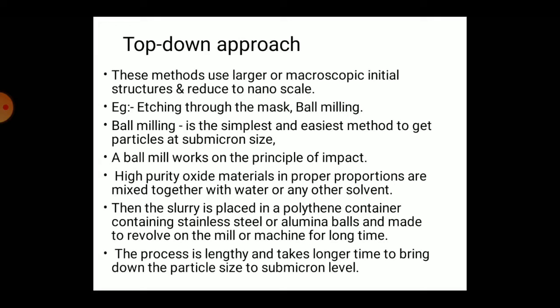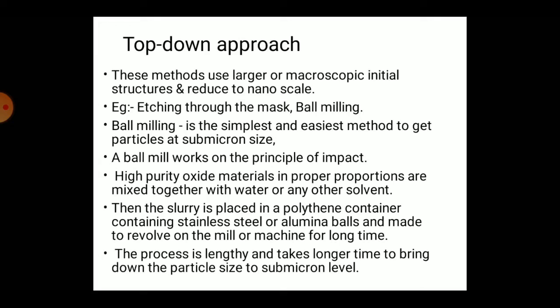A ball mill will work on the principle of impact, and high purity oxide materials in proper proportions, that is at proper combinations, will be mixed together with water or any other suitable solvent. Okay, and then what will happen, the slurry is placed in a polythene container which is containing stainless steel or alumina balls, and which is made to revolve on the mill or the machine for a long time.